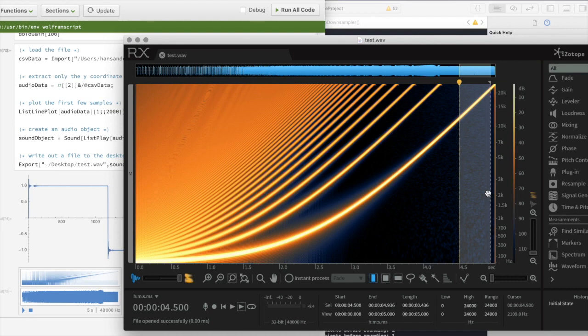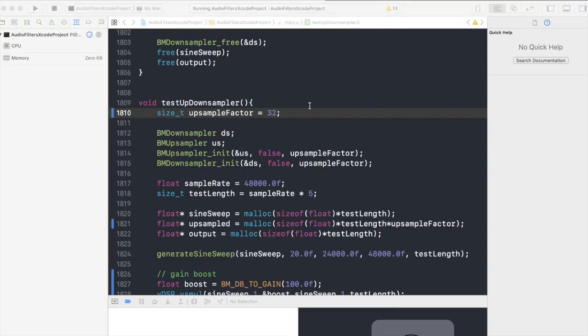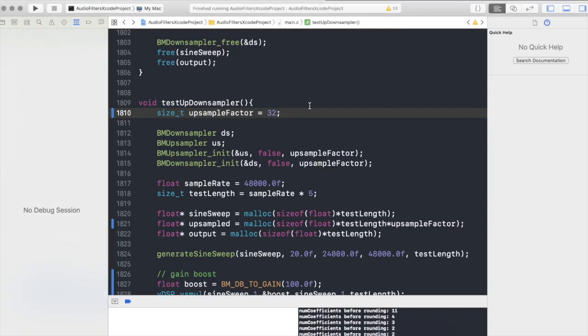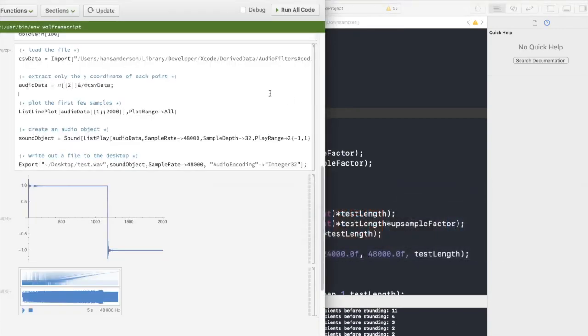I think one of the things we can conclude from this is that there's no hope of cleaning up the aliasing just by oversampling. Clearly it helps. Reasonably, we could oversample with a factor of 32. We cannot oversample with a factor of 4,000, because that's way slower than real-time audio processing.